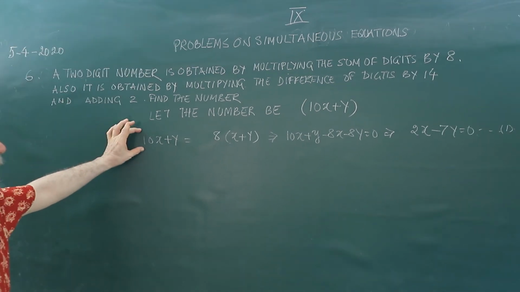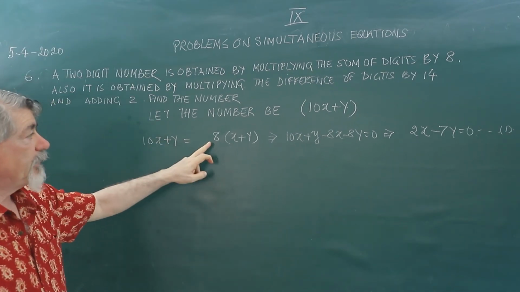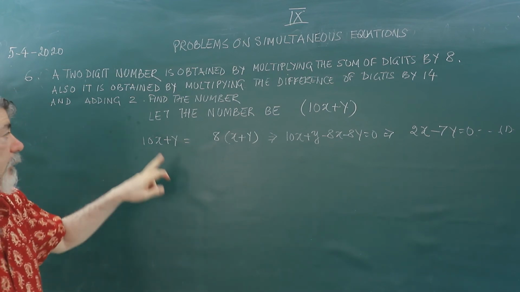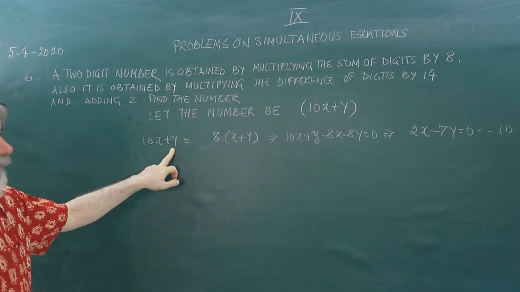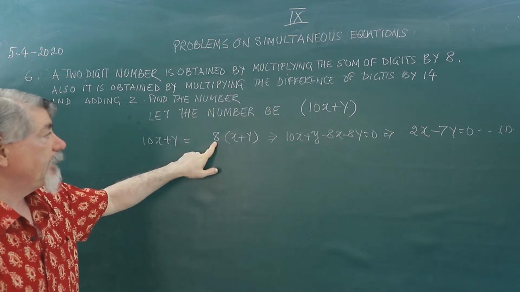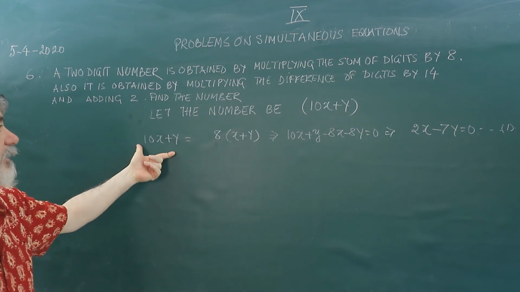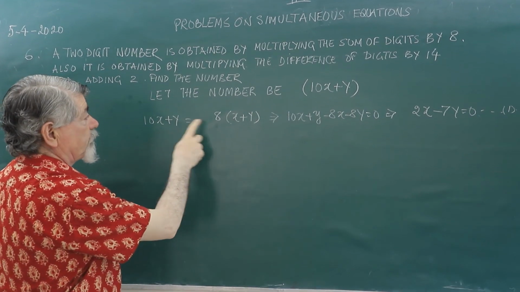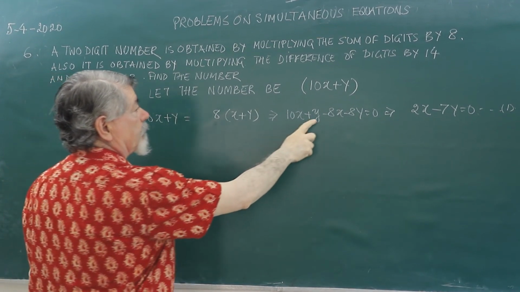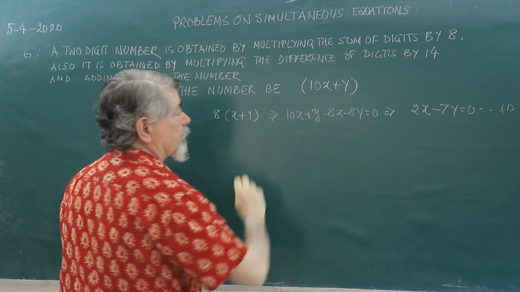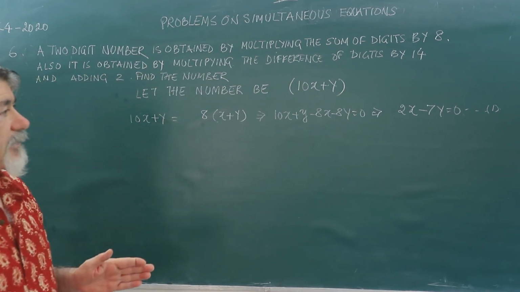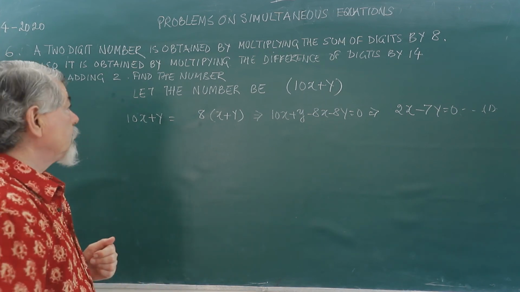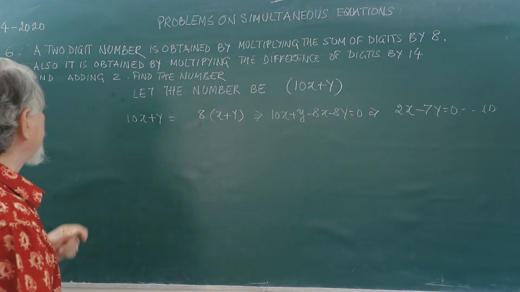The 2-digit number is 10x plus y, the sum of digits is x plus y, and if it is multiplied by 8, you get the 2-digit number. I brought this to this side. Now let us see what the second condition is.